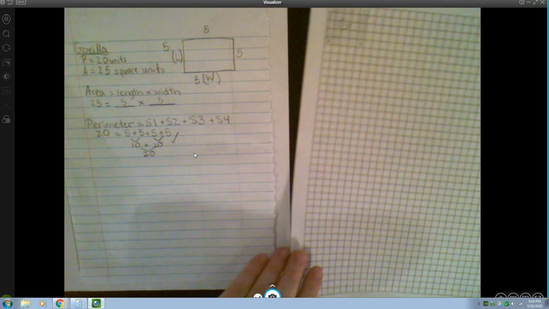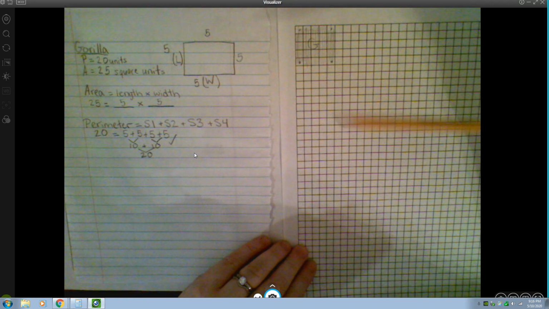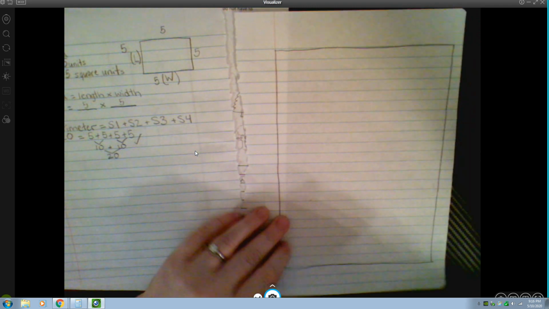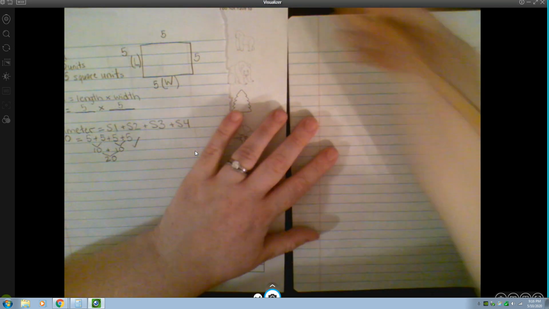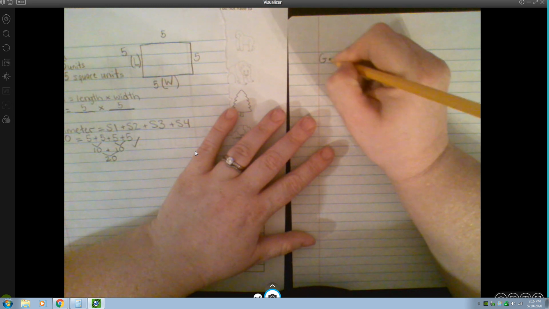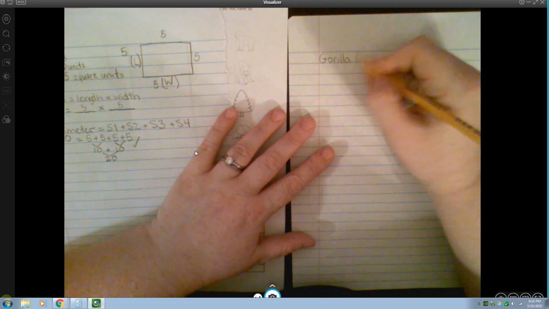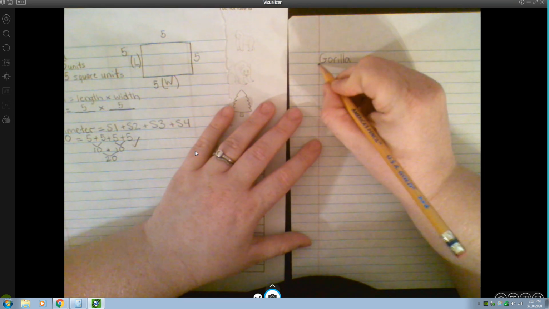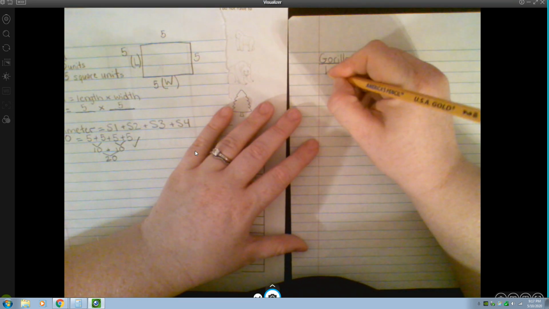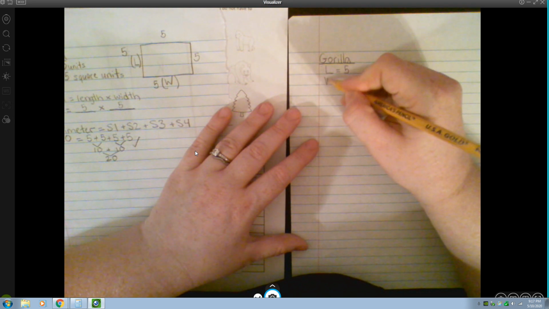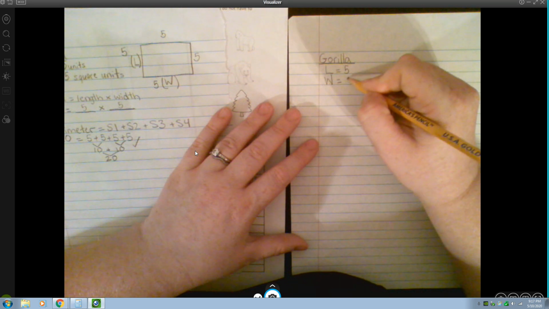So if you don't have this paper here, that's okay. What I want you to do is on the back side of the paper we drew our zoo on, you're just going to flip it over and write the side lengths here. So I'm going to write gorilla, and then my L is length, and my W is width, and both were 5.